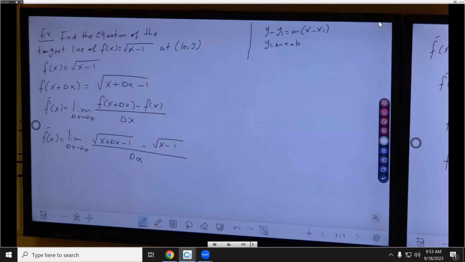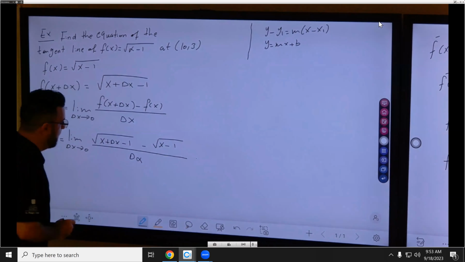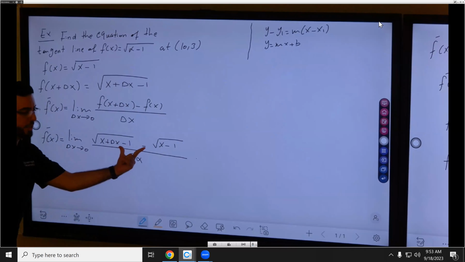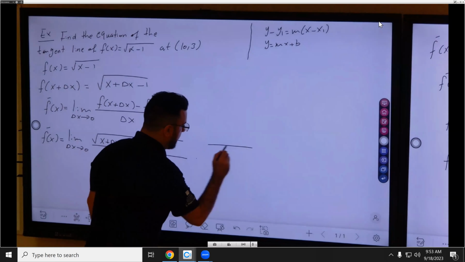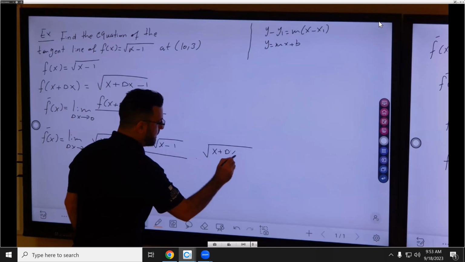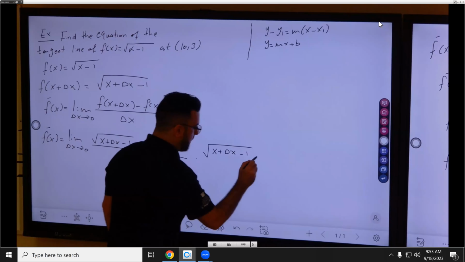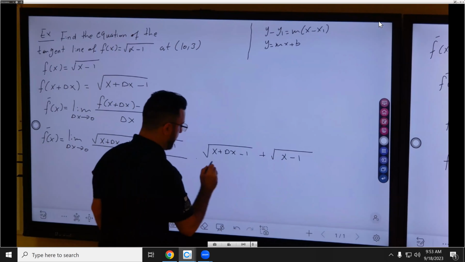By the conjugate, you forget that? No. You're going to multiply by what? By the conjugate for this part, which is the square root of x plus delta x minus 1 plus square root of x minus 1.